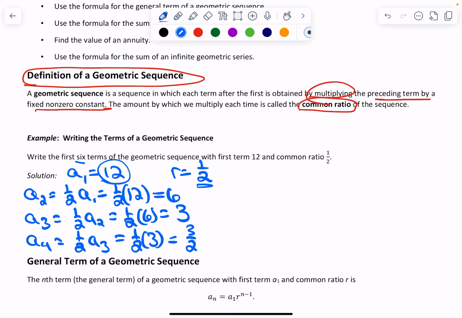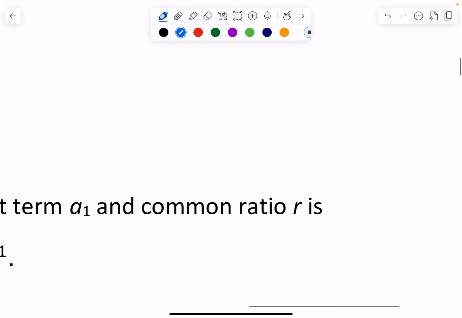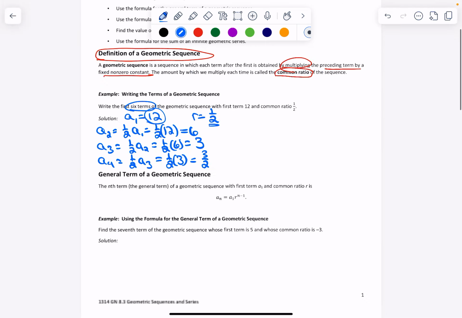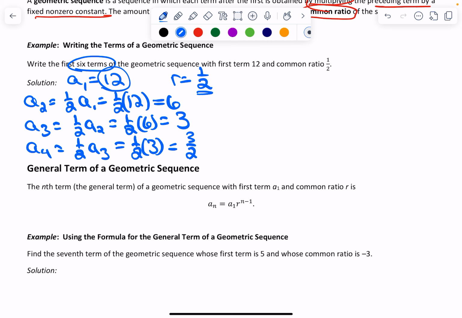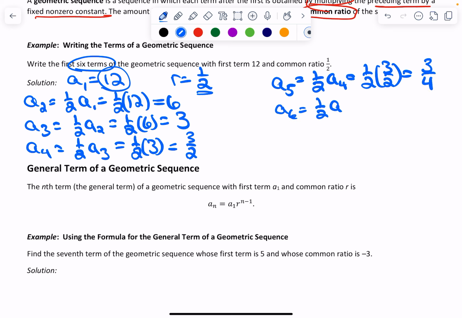Okay, we need first 6 terms. So our fifth term is half times the fourth term, which is half times 3 over 2. When we multiply fractions, it's top times top and bottom times bottom. So 3 over 4. Sixth term is half times the fifth term.